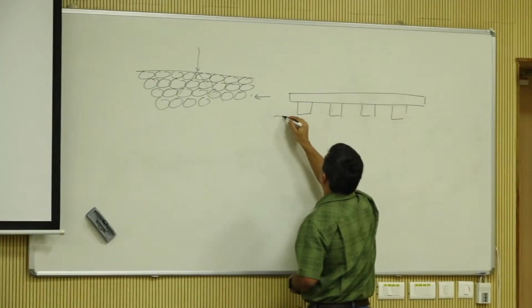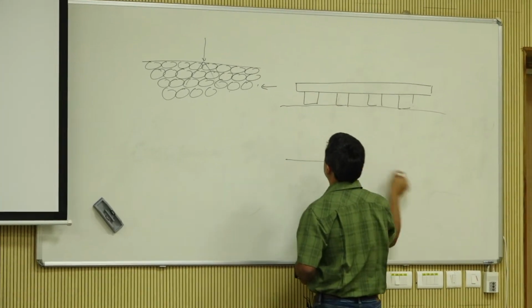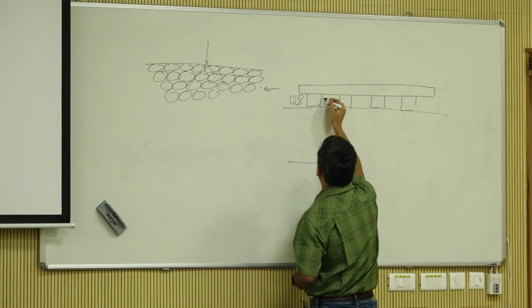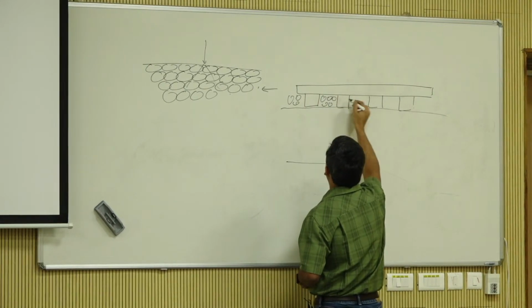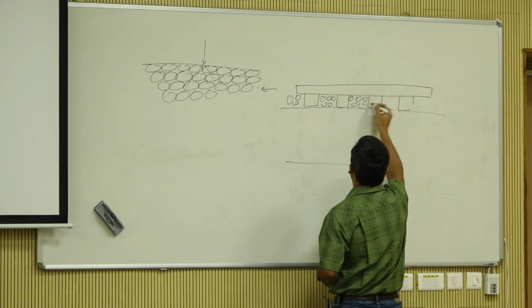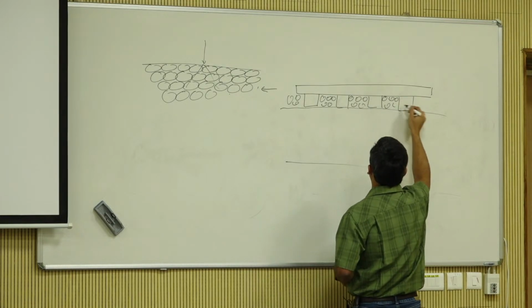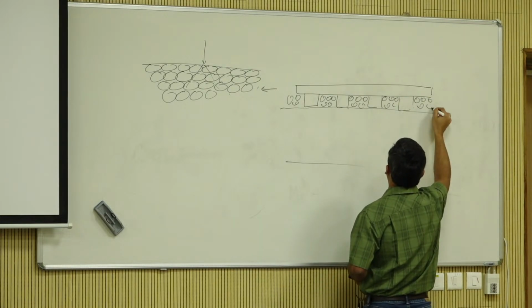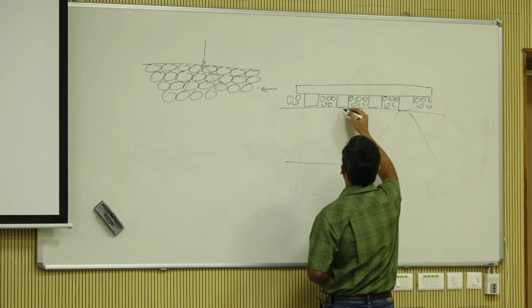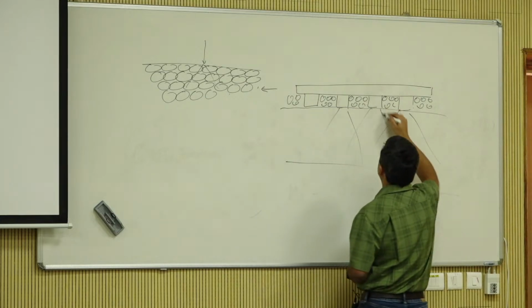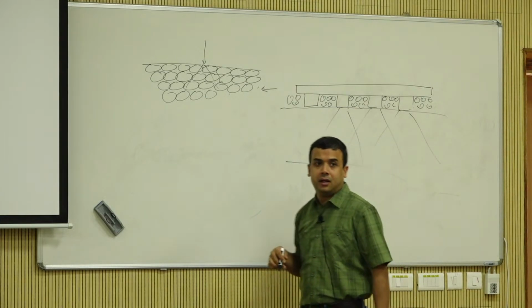And then you have ballast. Actually, the ballast goes in here as well. It's called crib ballast. But of course, it doesn't play a role in vertical load transmission unless you assume shear or something. Vertical load is mostly through this, right?